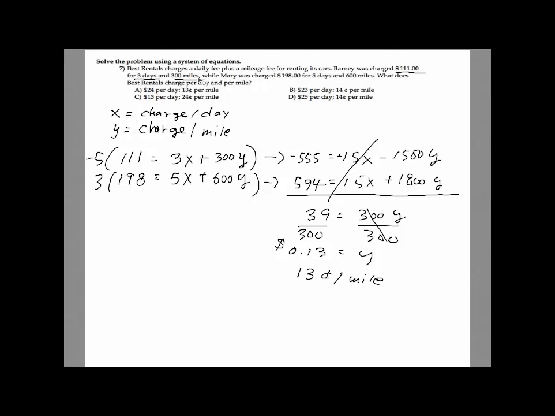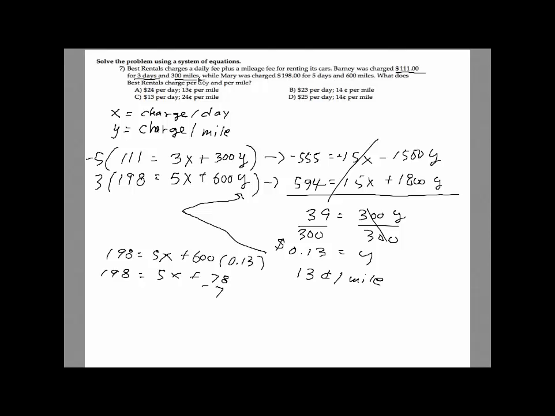Okay, so 198 equals 5x plus 600 times 0.13. So 198 equals 5x plus 78.